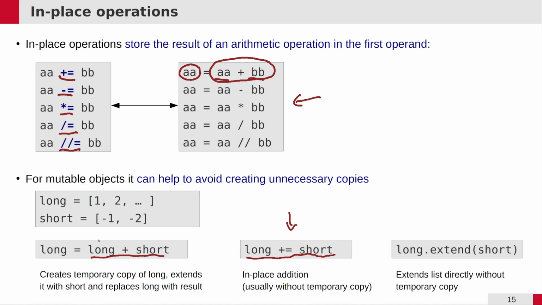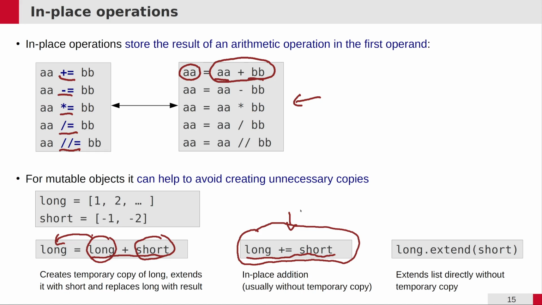If you use the original expression with long plus short, then first a list long is created, a list short is created, temporary copies are created, they are appended, and the result is assigned to long. So if you are unlucky, the list long has been just doubled, and if the list is very long, that could take quite a while. If you write, on the other hand, the in-place operation, long plus equal short, then Python has the possibility to optimize it without making any unnecessary copies.